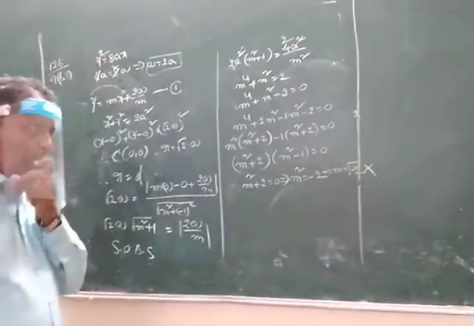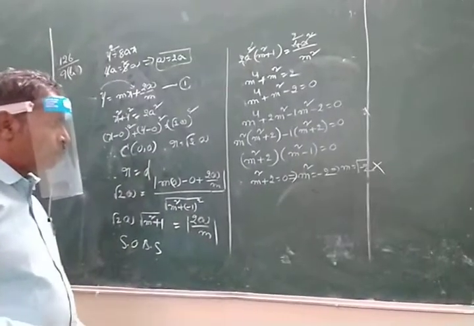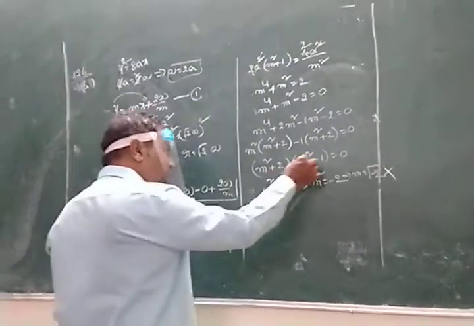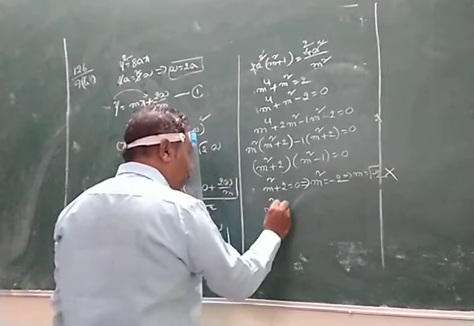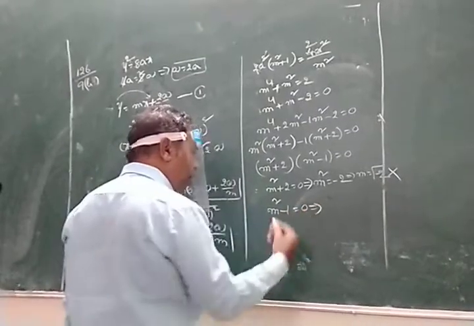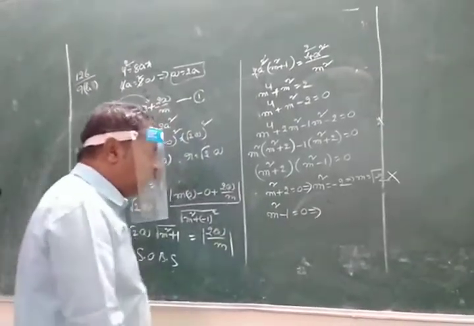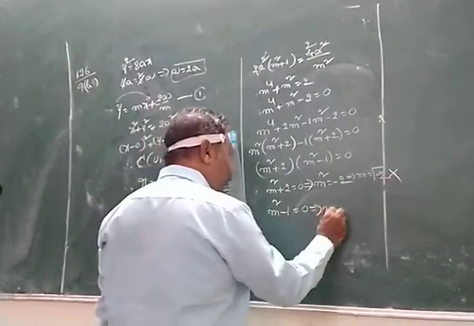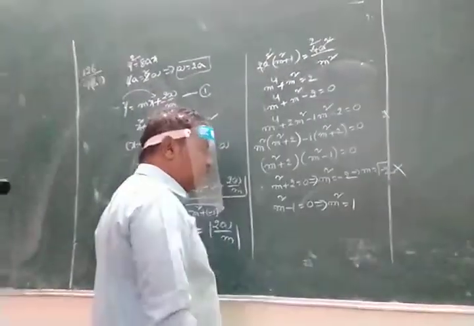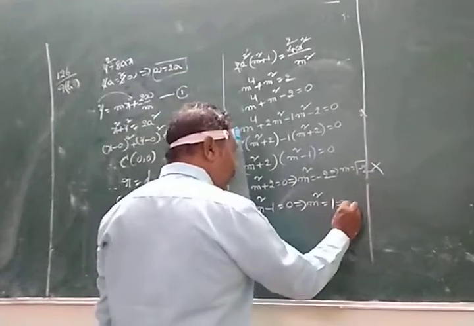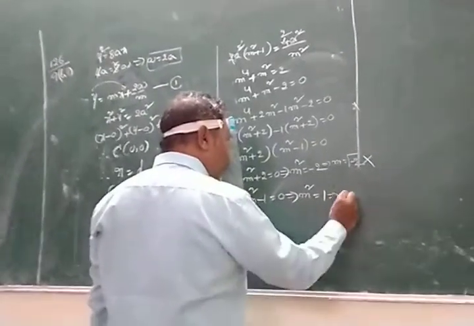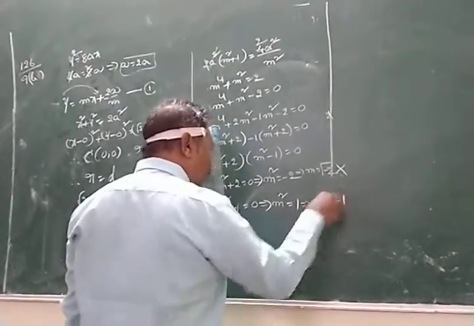Take the second one: m square minus 1 equal to 0, m square equal to 1, m value plus or minus 1.